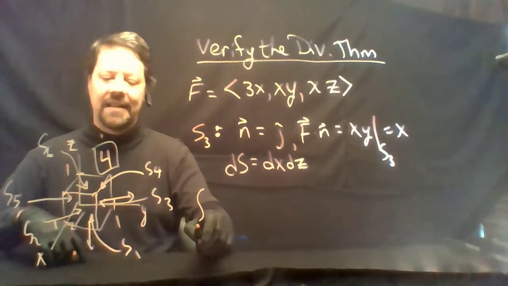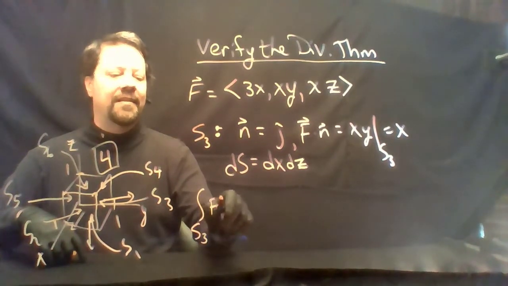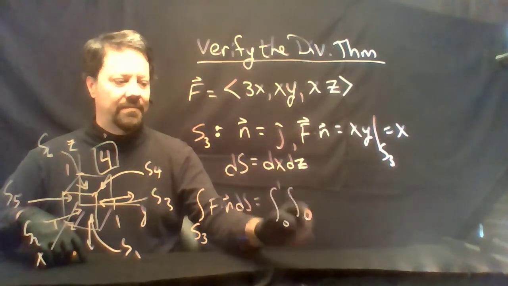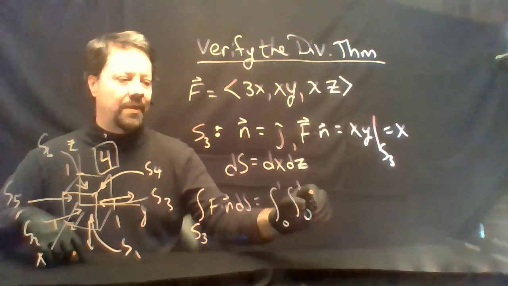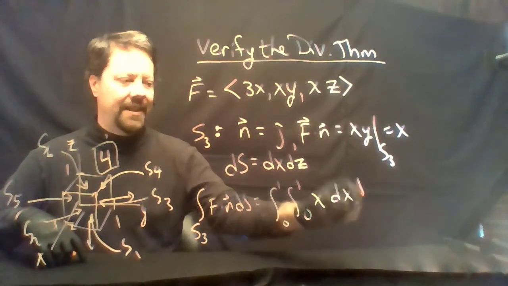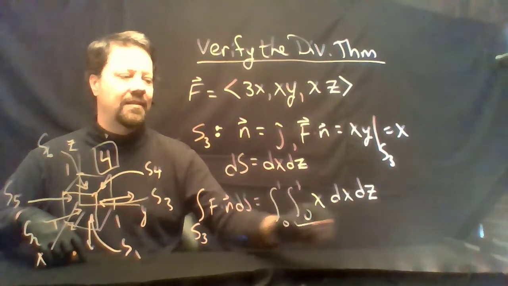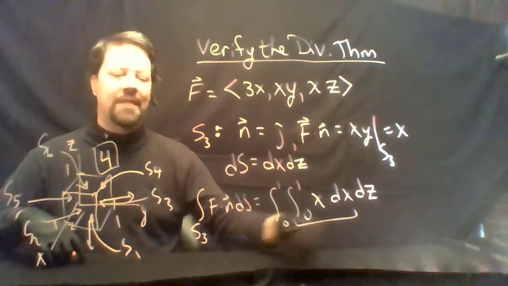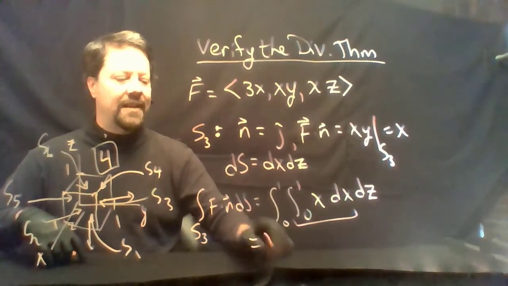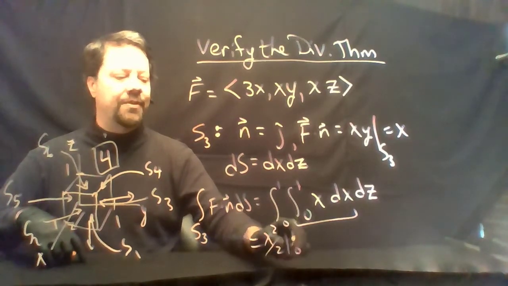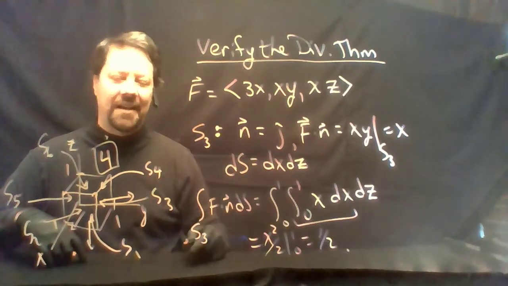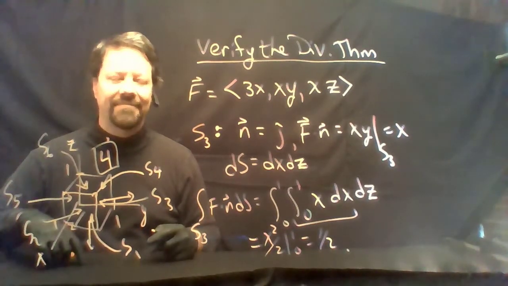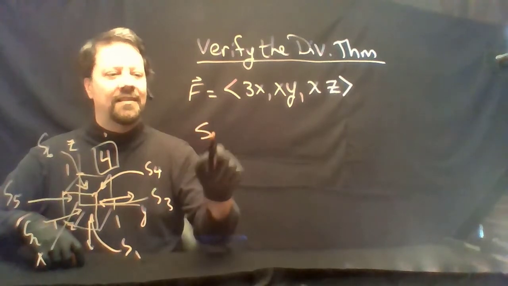It follows then that the integral on S3 of f dot n ds will be the integral from 0 to 1, 0 to 1, x dx dz. Since there are no z's in the inner integral, we can just multiply by 1. The answer is going to be x squared over 2 evaluated from 0 to 1, or 1/2. So far we have a running total of 3.5.